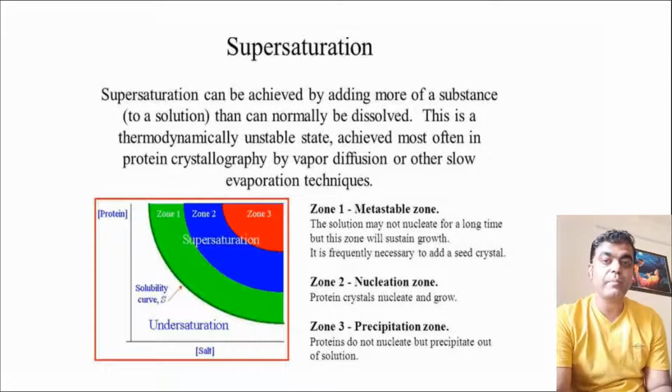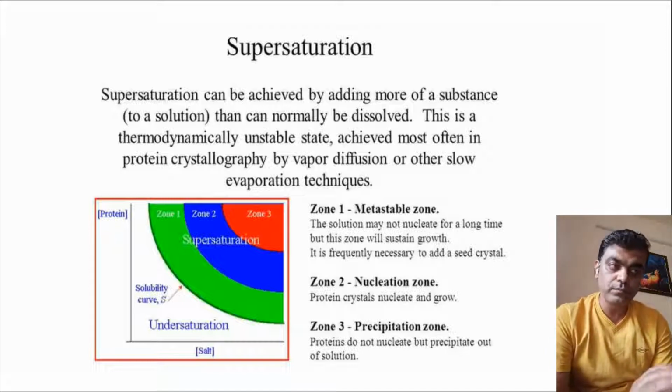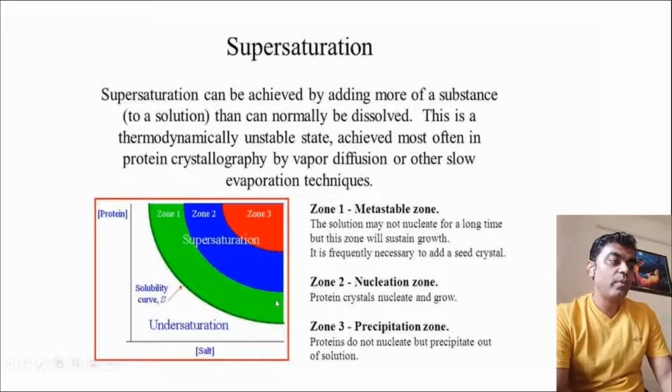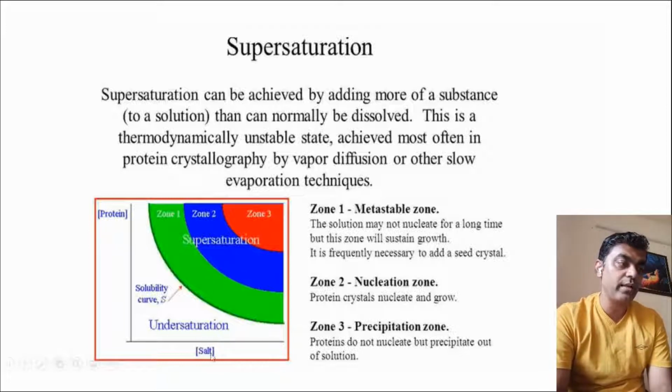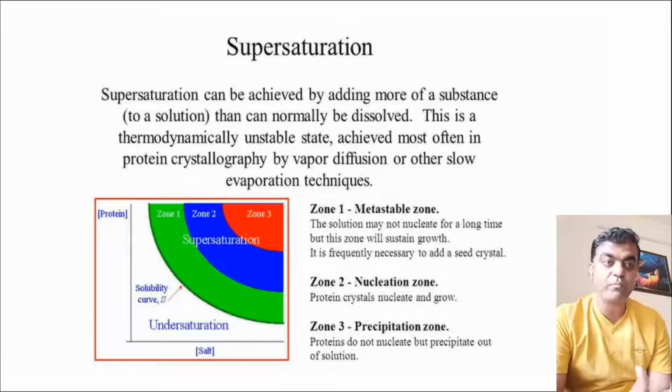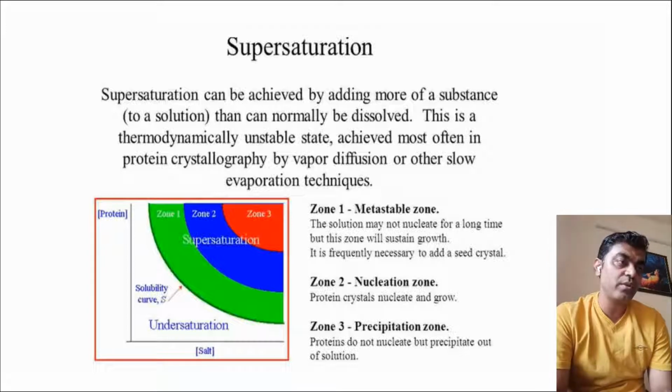Second most important parameter is supersaturation. Saturation we all know, it's getting saturated, there is no more space. But what is supersaturation? If you see this diagram where you plot the concentration of protein against the concentration of the salt, in a very schematic or representative manner, supersaturation is a stage achieved by adding more of a substance than can normally be dissolved.